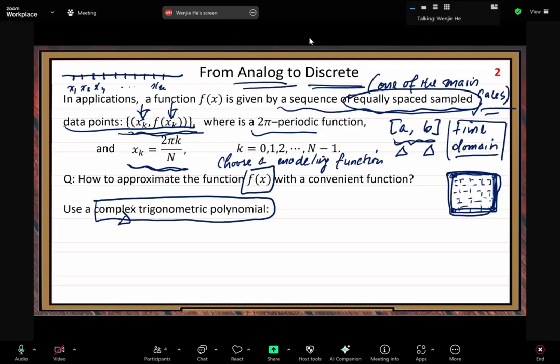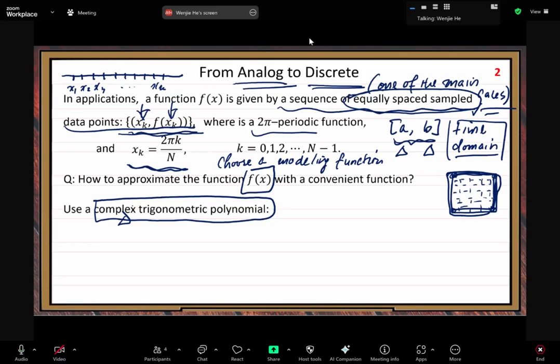People feel that if you use complex, then you can represent more real-world phenomena. Because for electricity signals, people need to use complex values. Sometimes some people need to use complex values.